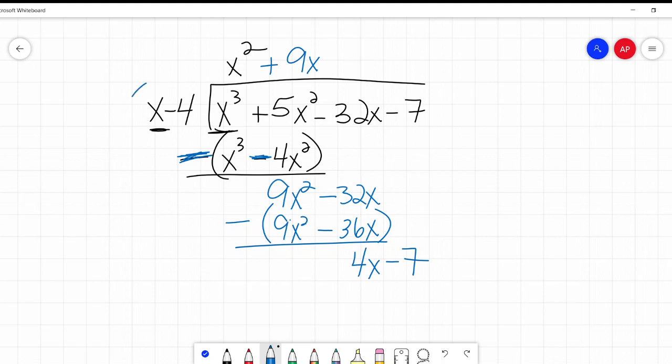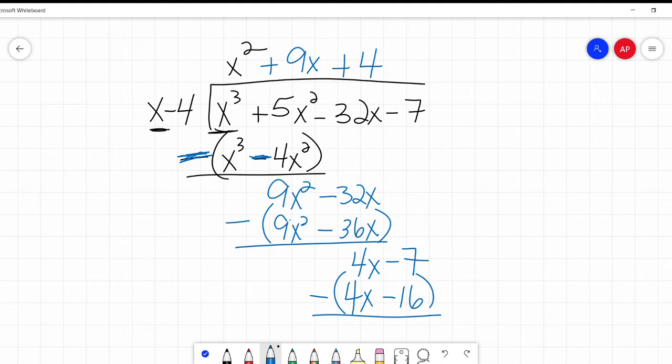X times what equals 4x? Positive 4. Multiply back by both those terms, write it down there. 4 times x is 4x. 4 times negative 4 is negative 16. I'm subtracting all of that. 4x minus 4x is 0.